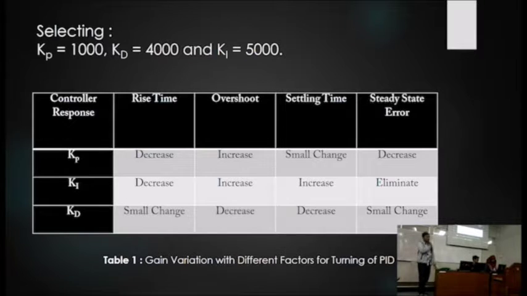Rise time is like when you give some force and then you get a response to the force. You need time to respond to the force, and that's what rise time means.